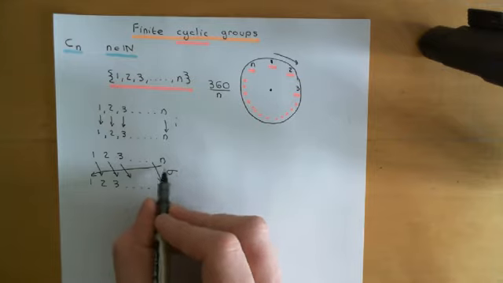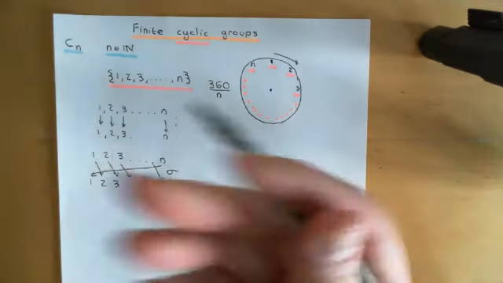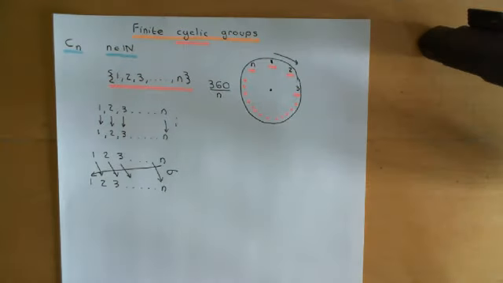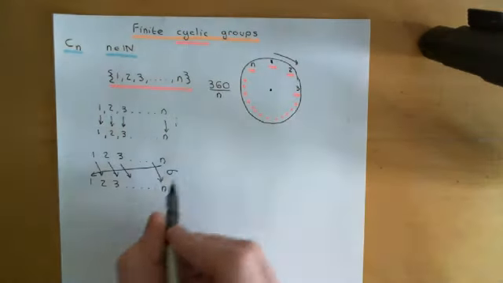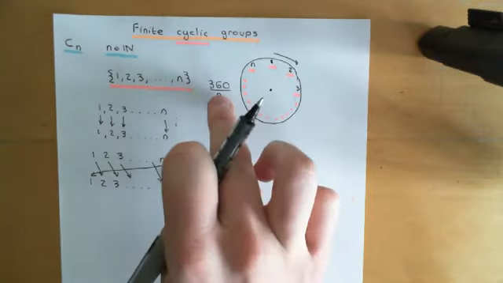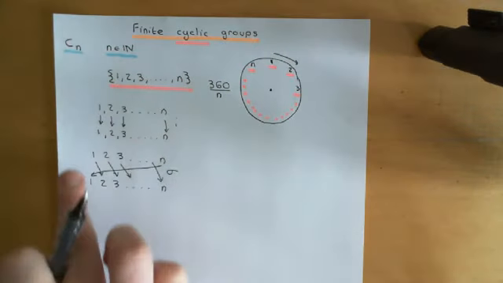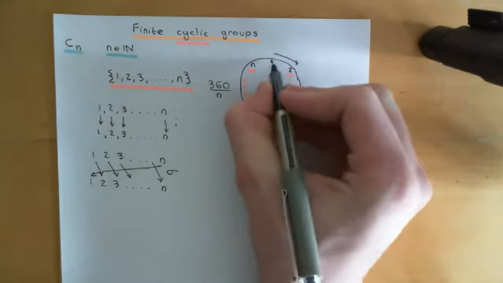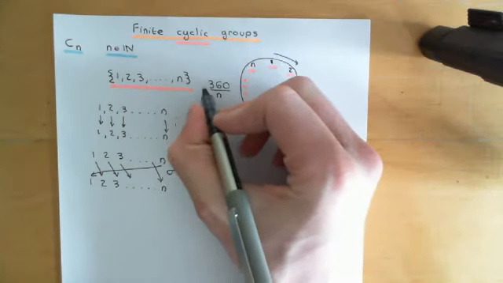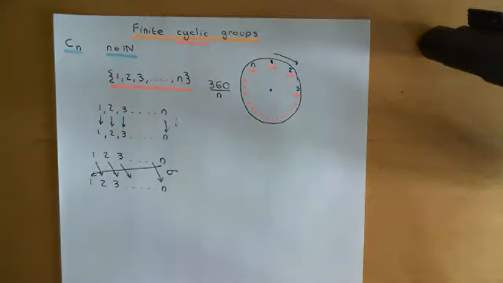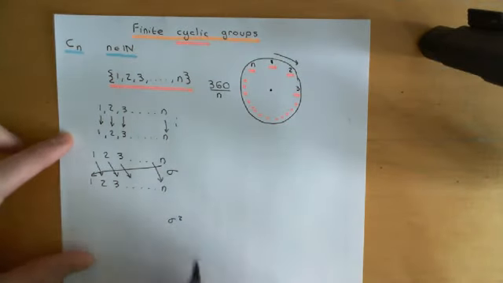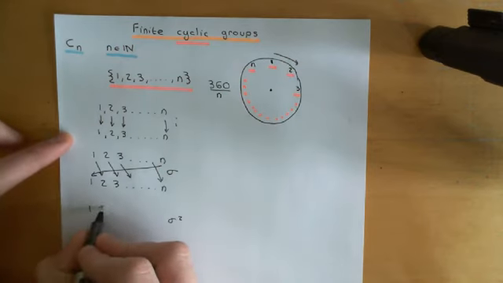If you rotate by 360 divided by n twice, that's the same as rotating by 2 times 360 divided by n. So all the other rotations by multiples of this angle are just doing this a certain number of times. So for instance, you can represent the rotation by 2 times 360 divided by n degrees as just sigma squared.